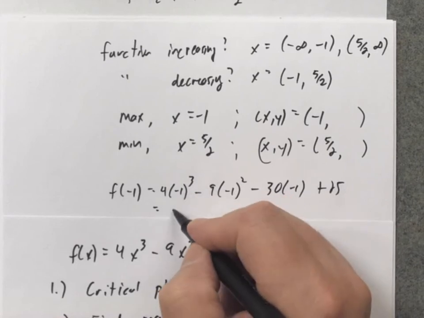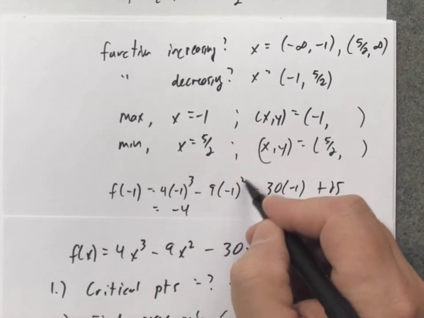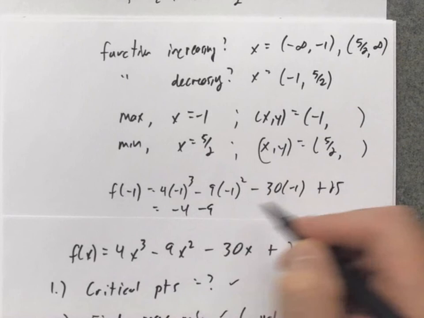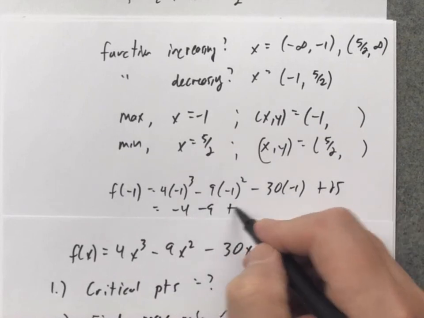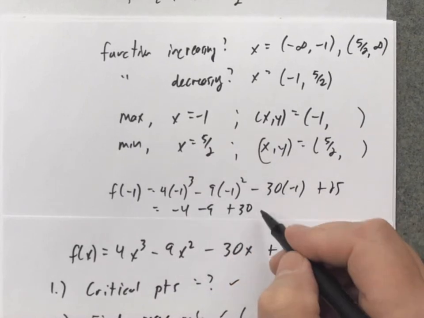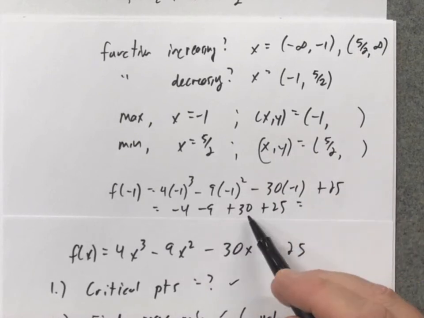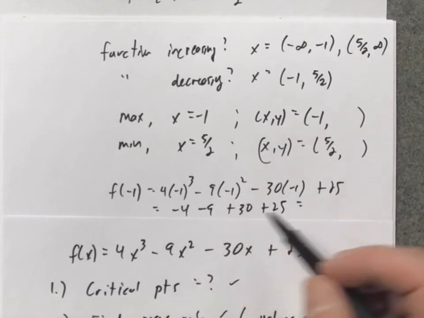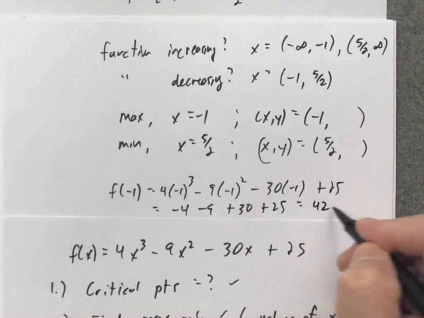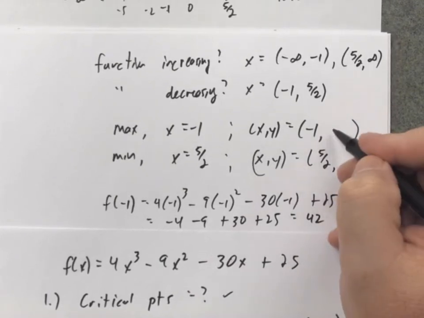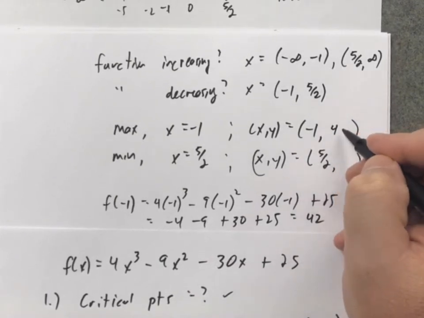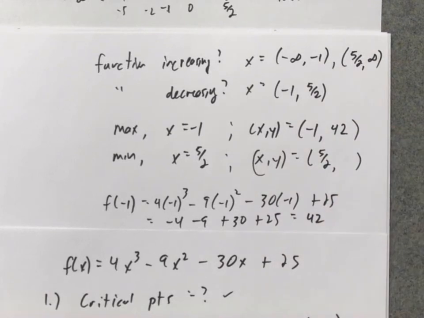So this is -4, -1 squared is 1, minus 9, plus 30, plus 25. 55 minus 13 looks like 42. So it looks like when x is -1, y, or the function, is 42.